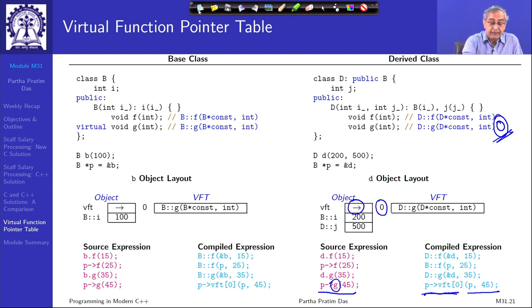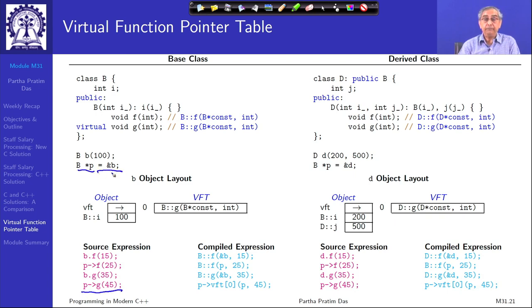So, you can see the difference: P pointer G here, in the context of P being ampersand B, and P pointer G 45 here, in the context of this. At compile time, the calls look the same. In terms of the translated compiled expression, they are the same, because the compiler does not know which has happened.